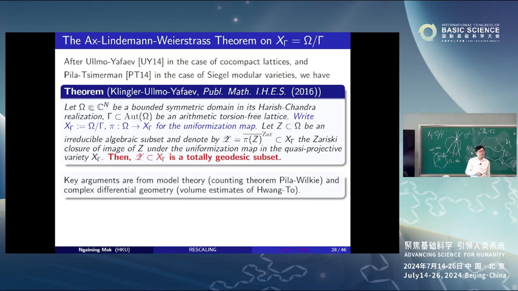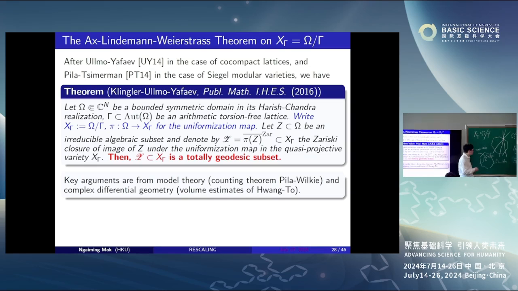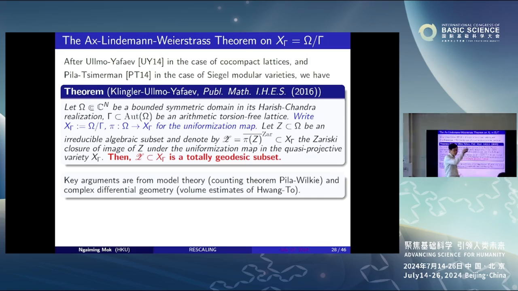Then one can make use of some results due to Pila and Wilkie in getting bounds on algebraic or rational points on R^n with a priori given bound on height, unless you have some subvariety which is algebraic, and this subvariety can contain an infinite number of such rational points.